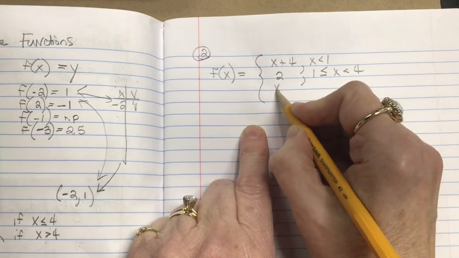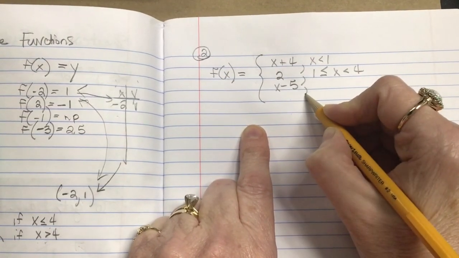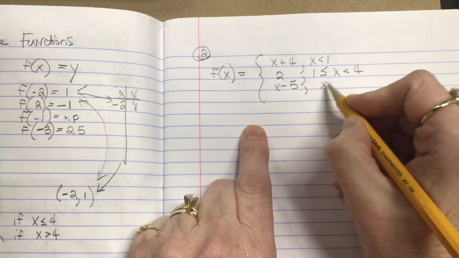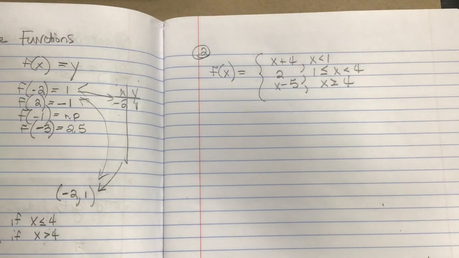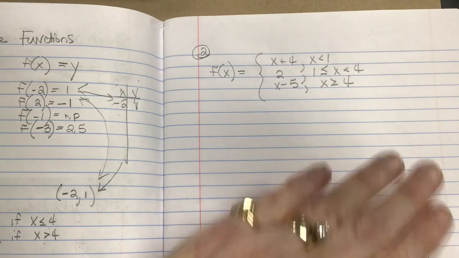And then x minus 5 is when x is greater than or equal to 4. So it looks a lot like that one on the Post-it, very similar to it.